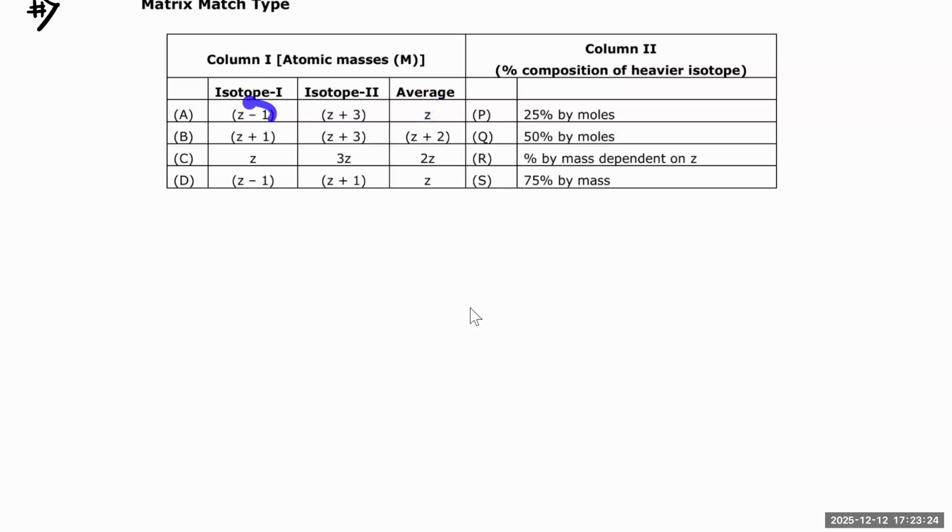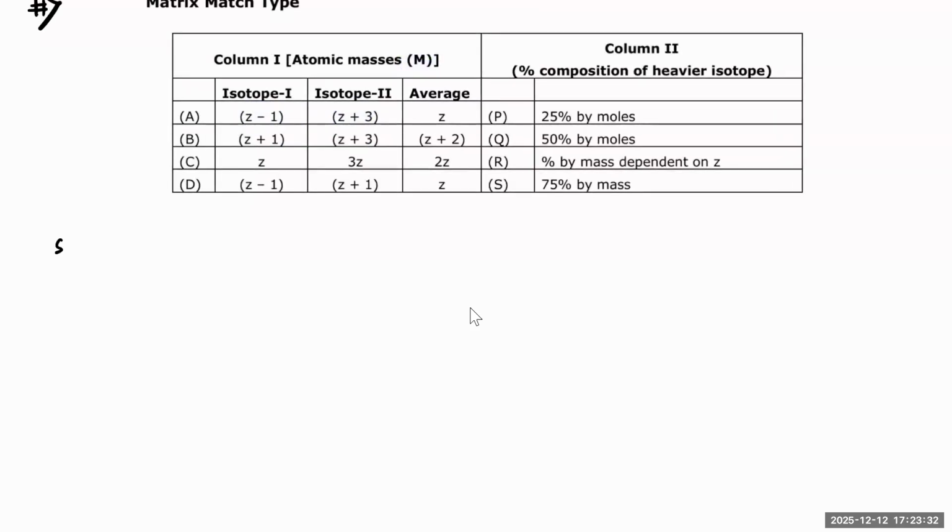And average mass is Z. So this is the mass number we are talking about. Clear? These are all the atomic masses. So check out how we can solve the A bit. Let us say the percentage amount for isotope 1 and 2 be X and 100 minus X. Correct?